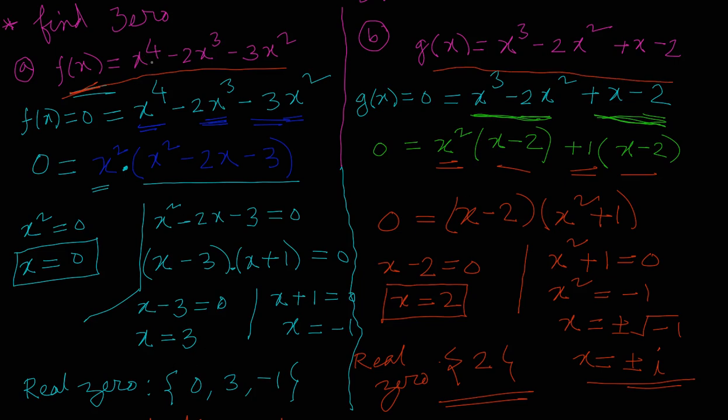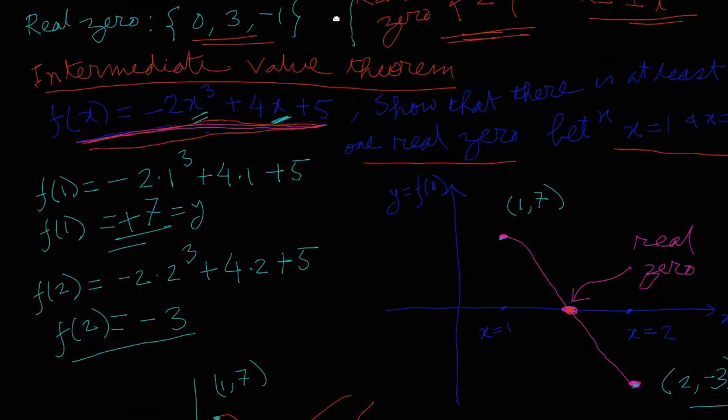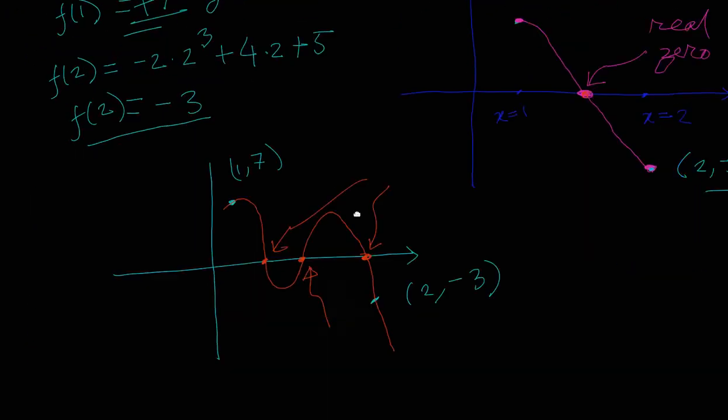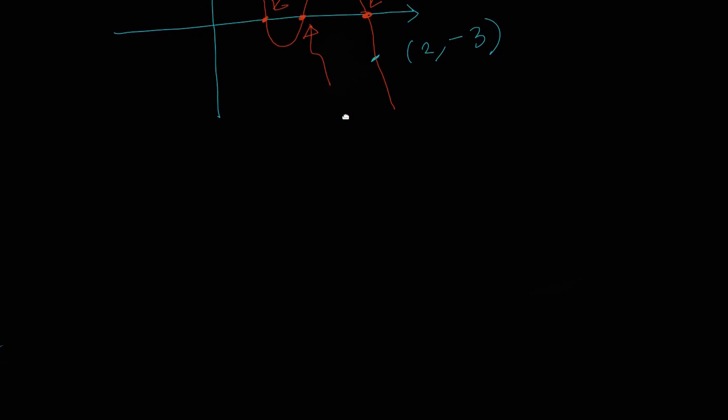Now as you can see, for this function I found 3 real zeros, and for this problem I found only 1 real zero. Okay, so now our objective is, given a polynomial function, what could be the maximum number of real zeros I can get for a particular function.